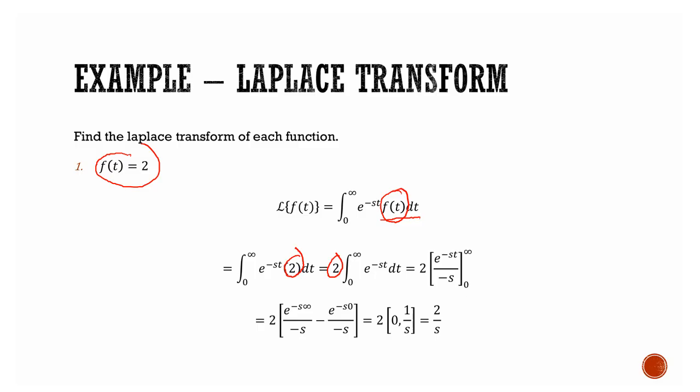So integrate the whole function. Let's say we put out the 2 and we integrate e^(-st). The integration of e^(-st) would be e^(-st) evaluated from infinity to 0, over negative s.